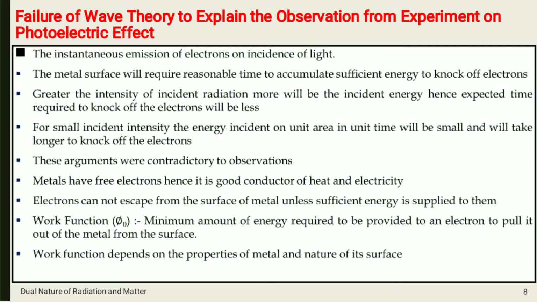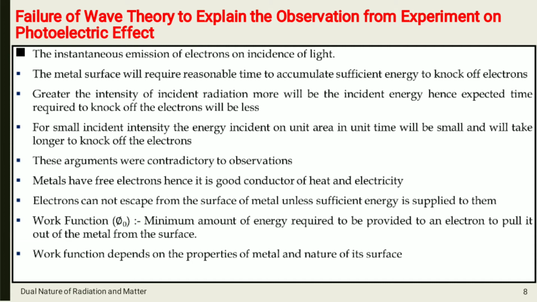Metal has free electrons, hence it is a good conductor of heat and electricity. This you know. Electrons cannot escape from the metal surface unless sufficient energy is supplied to them. If you provide less energy to the metal surface, there will not be any ejection of electrons.